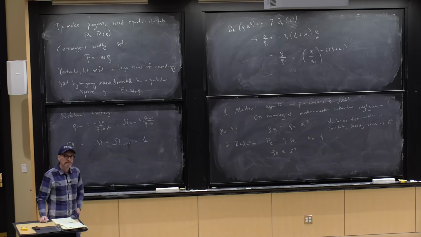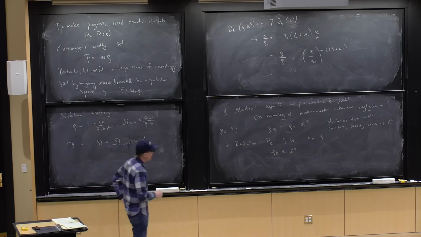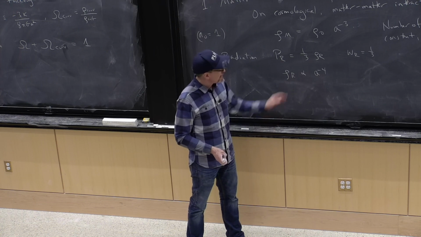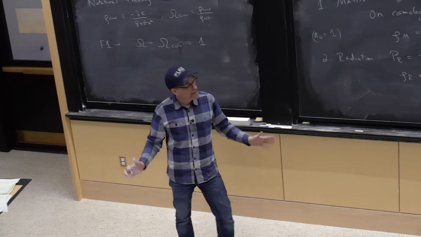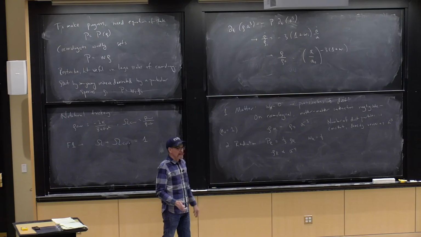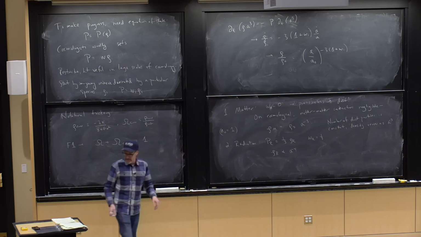So what's going on here? Well, let's imagine that the scale factor increases by a factor of 2. And imagine that the number of photons is not changing. So this is basically saying, okay, I get my factor of 8 corresponding to the volume increasing by a factor of 8, but I have an additional factor of 2. Where's that coming from? Well, remember, that's an energy density. So this is saying that not only is the density being diluted by the volume growing, but each packet of energy is also getting smaller as the universe increases in size.